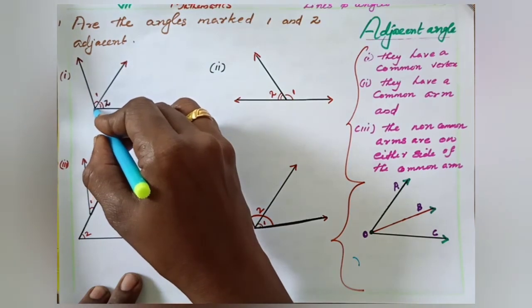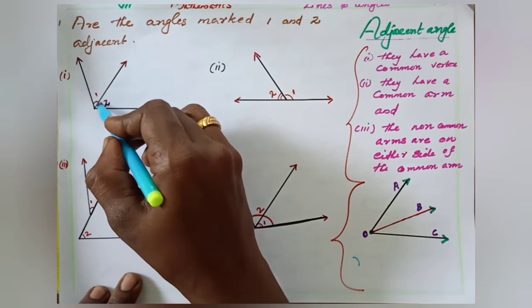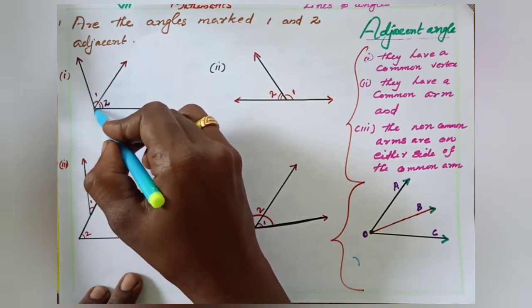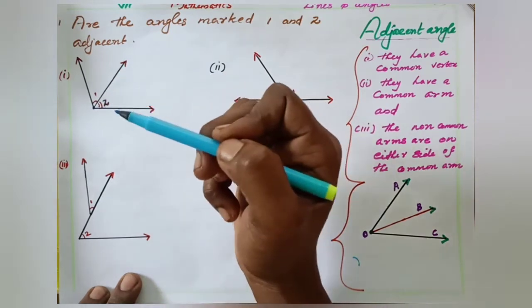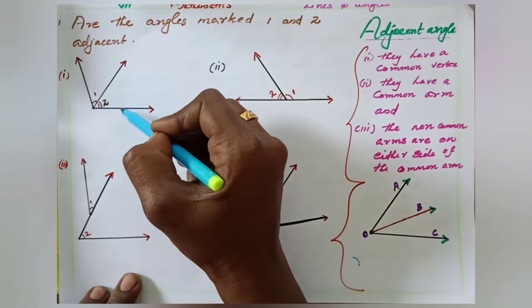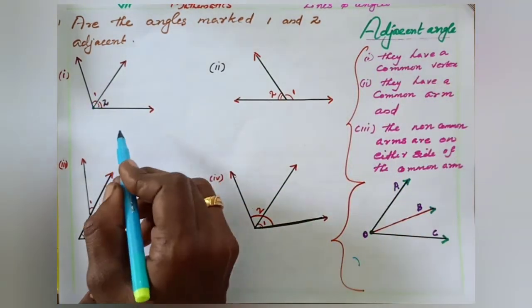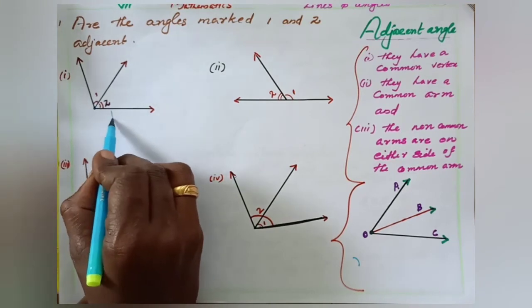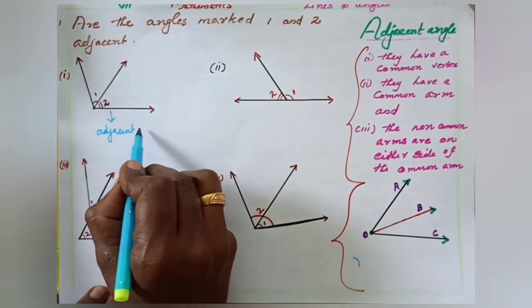So this is a common vertex for these two angles, and this is the common arm. Non-common arms are opposite sides of the common arm. So these three conditions are satisfied. So in the first question, this is an adjacent angle.